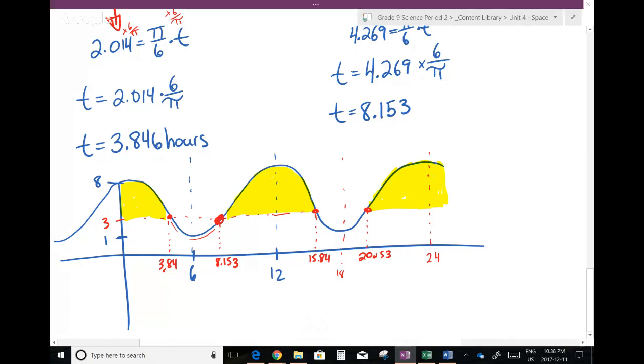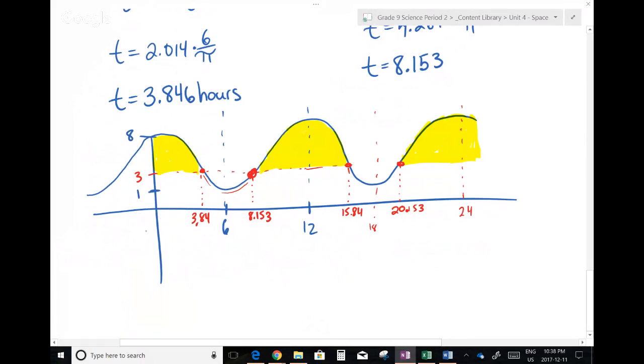Now, if we assume, because we're not actually told this directly, but if we assume that this is midnight, well, that would make 12 noon. This would make 24 the next midnight. And if we're talking about daylight hours, then this is the working solution set right here.